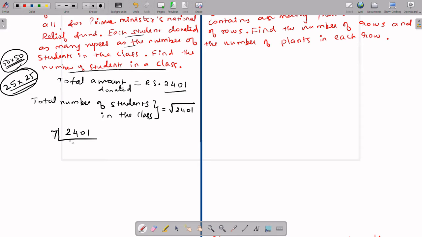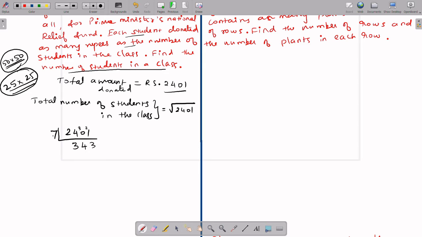Starting with the 7th table, 3 sevens are 21, and what about the remaining 3? 30 is there, so 4 sevens are 28, and what is remaining? 2. 3 sevens are 21.